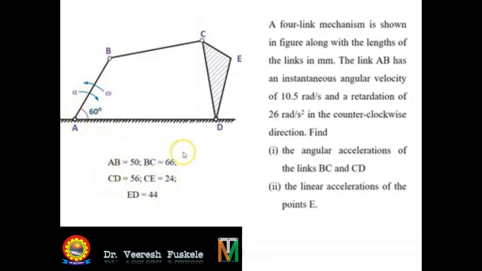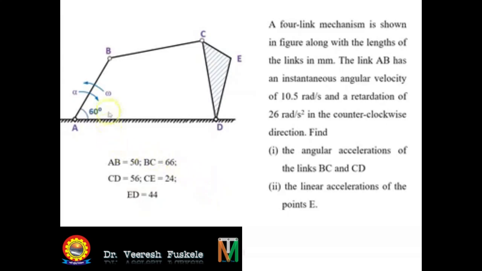As the lengths of the links are not large, we can use a scale of 10 mm equal to 1 centimeter, and we can draw this configuration diagram. So this diagram has been drawn, and now we have to draw the velocity diagram.